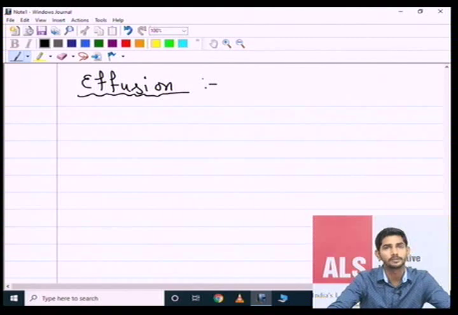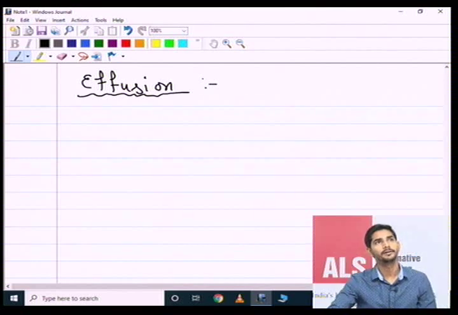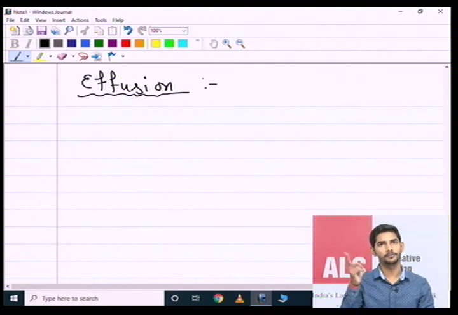Or is this the first time that you have seen this word? Okay, let me say: outward diffusion. And what is inward diffusion? Outward diffusion is effusion, and inward diffusion should be what?